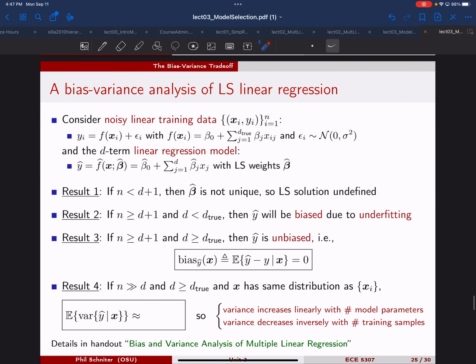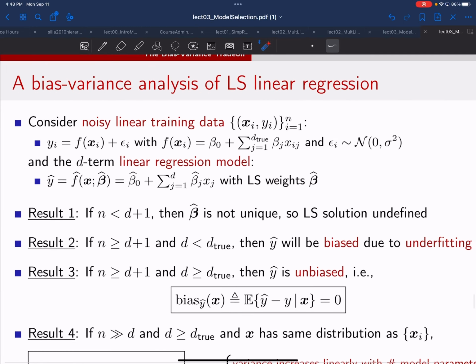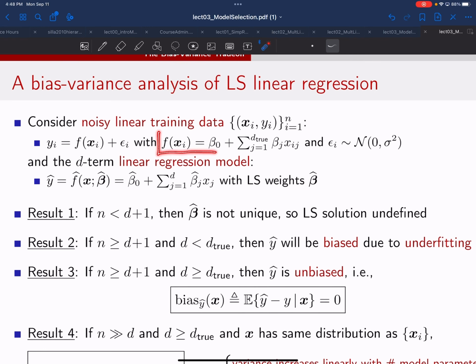So now, to answer the question that you just raised, what do you get when you have more data? How does that help you? We're going to look at the specific case of least squares linear regression. So that's a model. What we're going to do is assume that the true noiseless function is linear, like we saw in Unit 2, with some model order D true.